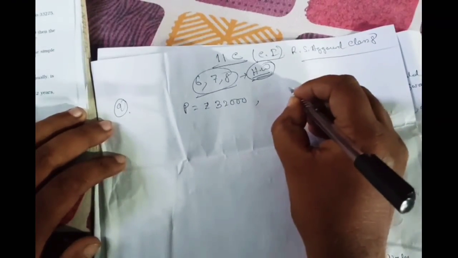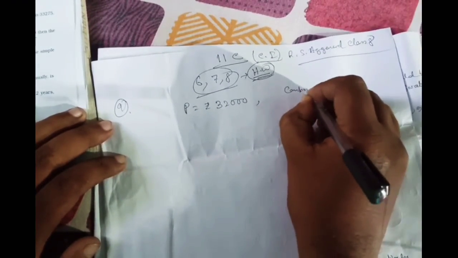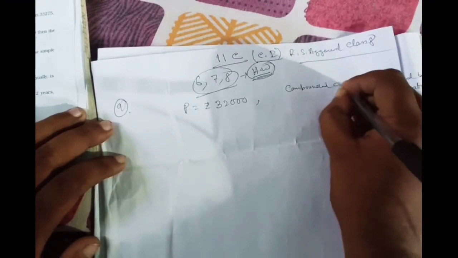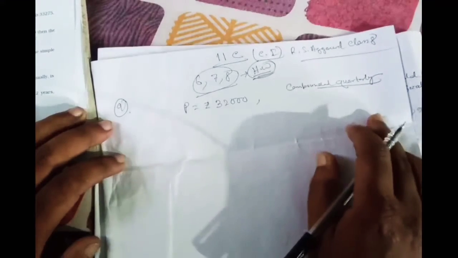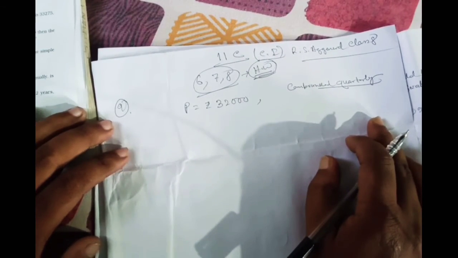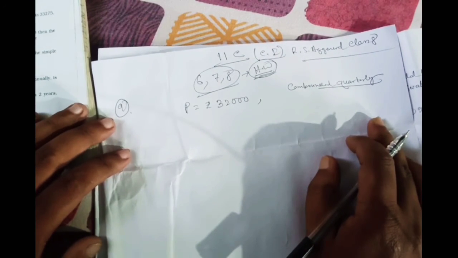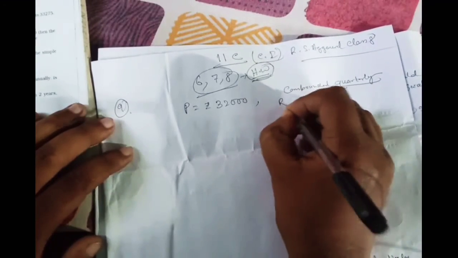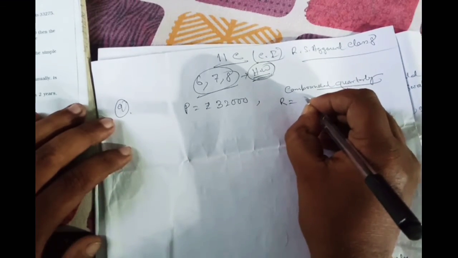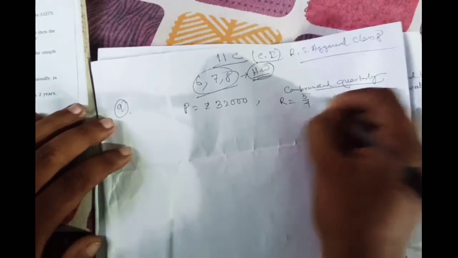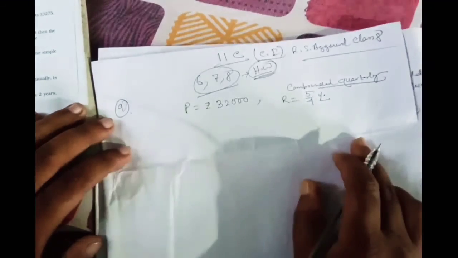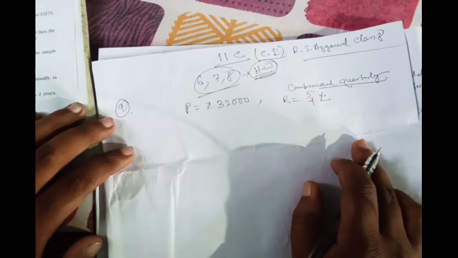It is compounded quarterly, that is given, and the rate of interest R is 5%. For quarterly it should be 5/4%.